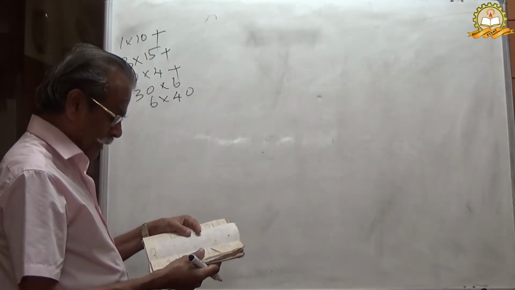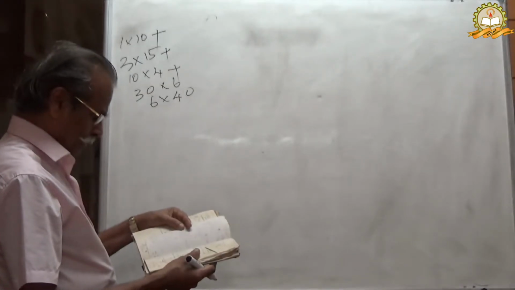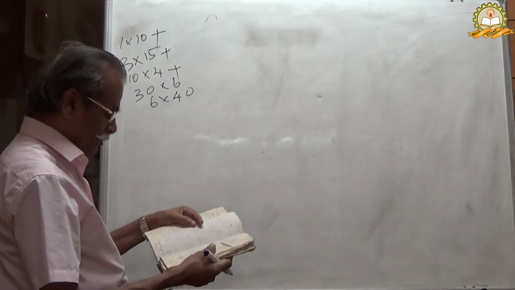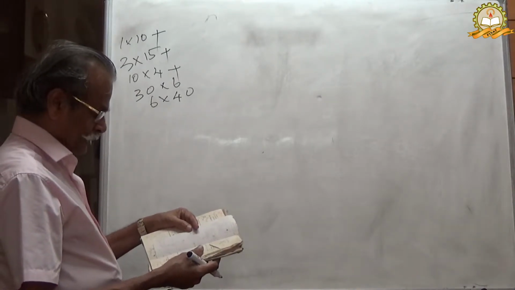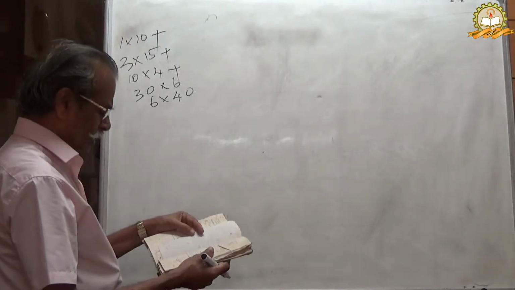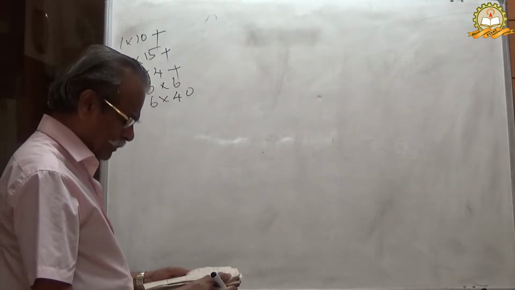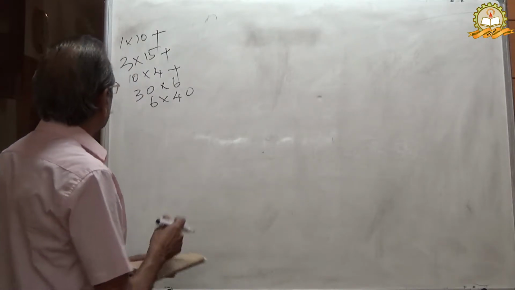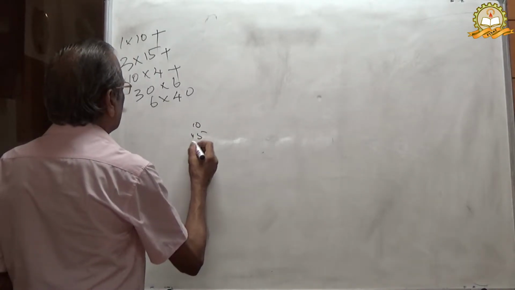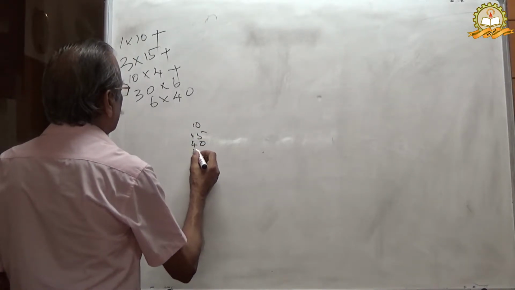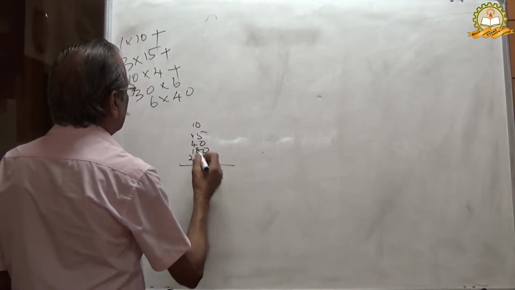The transportation cost will be 1 into 10 plus 6 into 30, plus 4 into 10, 6 into 40 and 3 into 15, and the total becomes 515. You can think of that: 10, 45, 40, 180, 240, 5.